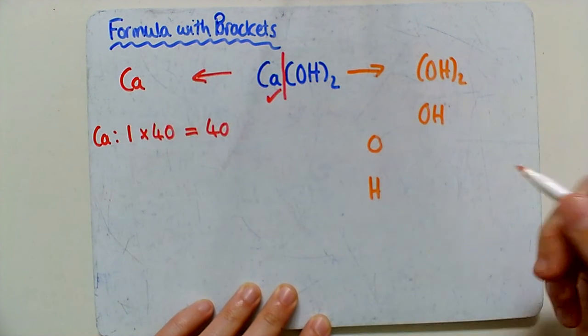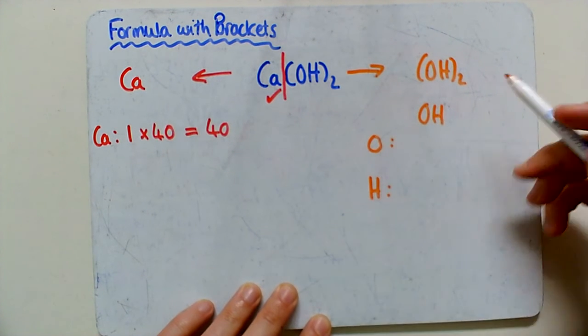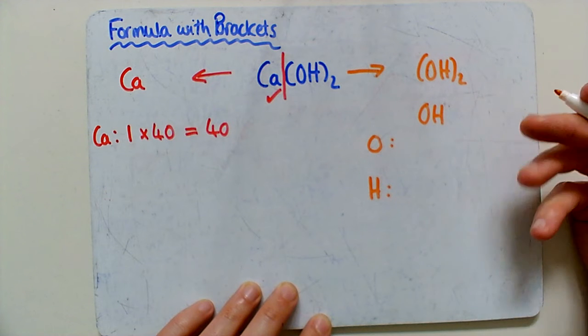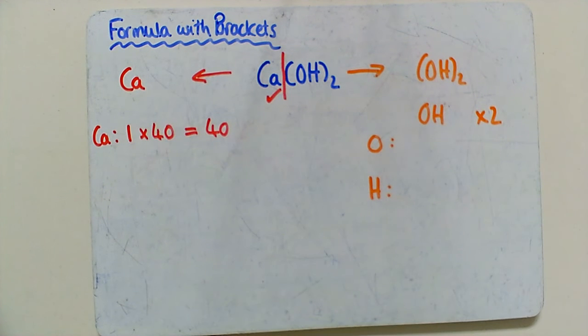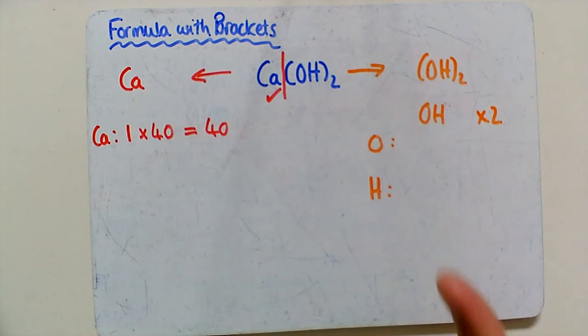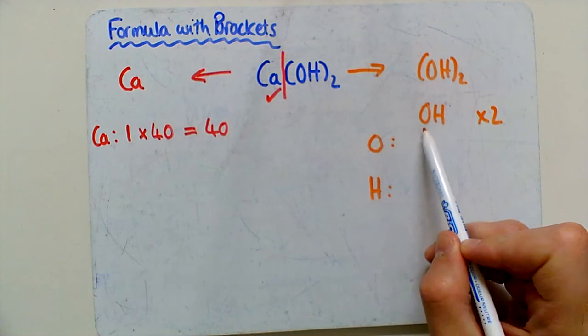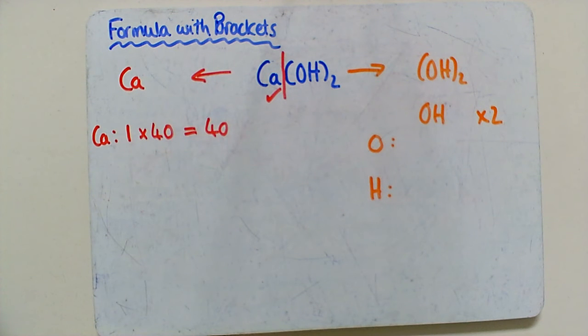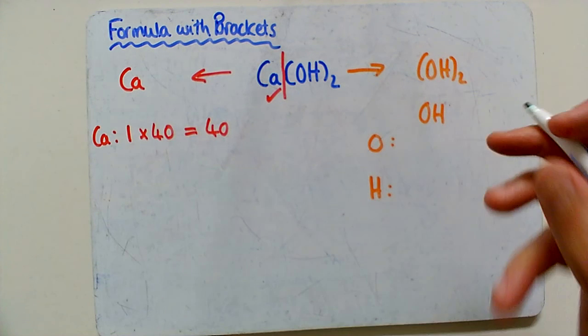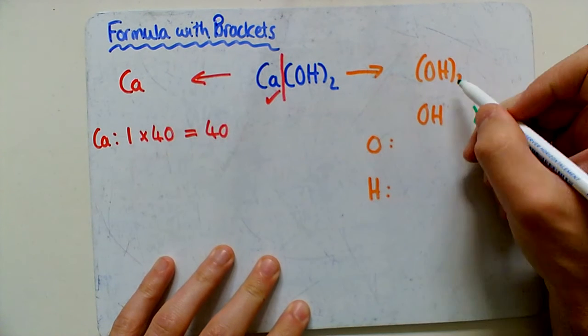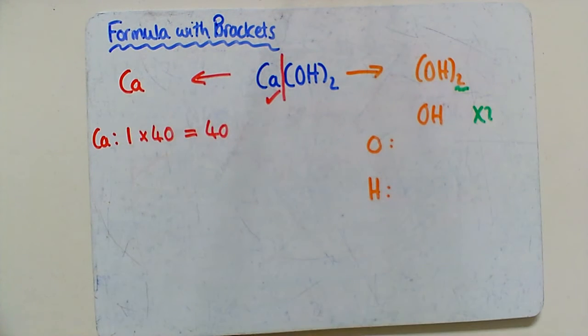But before we do that, the bracket had a 2 on the outside. So I'm going to add a times 2 there, and I'm going to leave that there for now. Then I've just got the bit that's inside the bracket. So I'm going to write that in a different colour. The times 2 is from here.